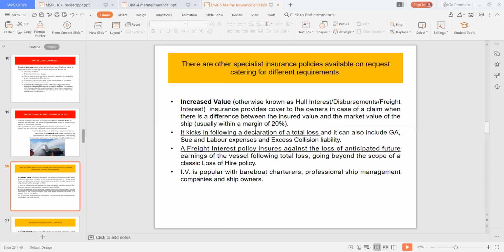It kicks in following a declaration of total loss, and it can also include GA, general average, sue and labor expenses, and excess collision liability. A freight interest policy insures against the loss of anticipated future earnings of the vessel following total loss, going beyond the scope of the classic loss of hire policy. Increased value is popular with bareboat charterers, professional ship management companies, and shipowners. So, what is the role of increased value in the insurance part? We note it down here.